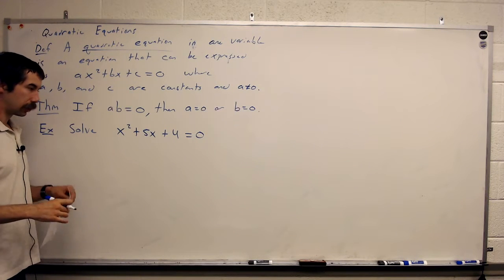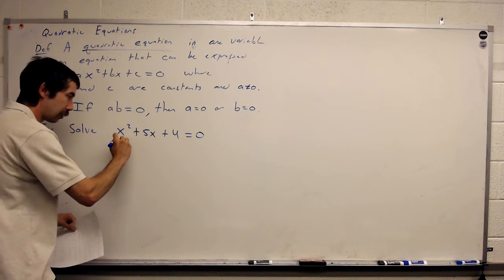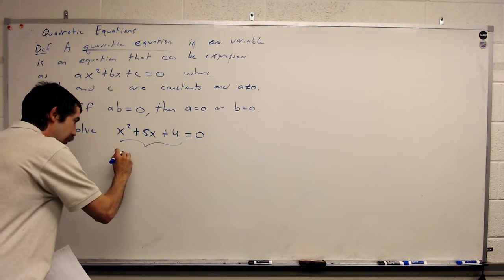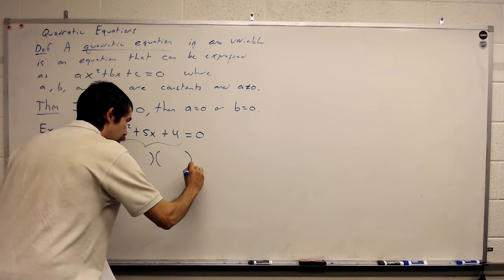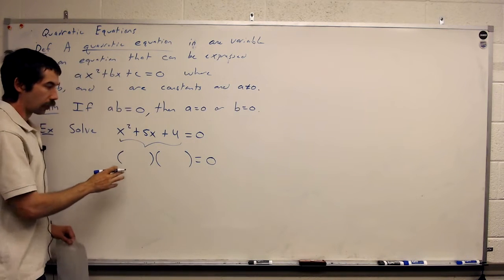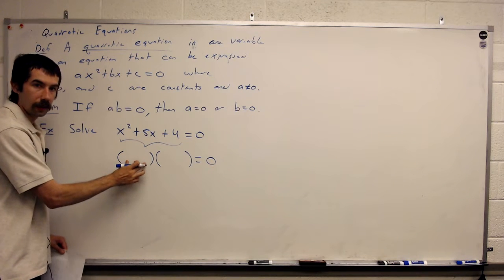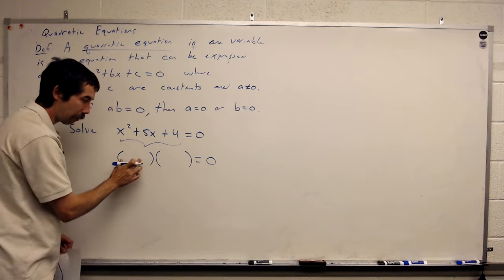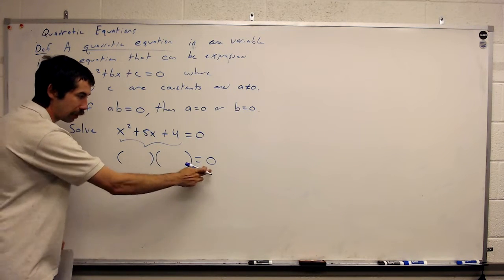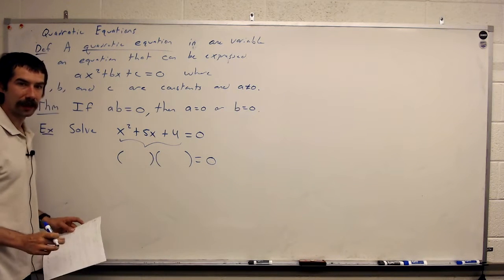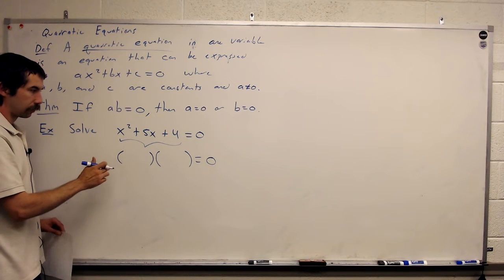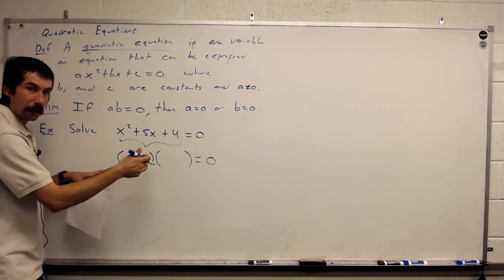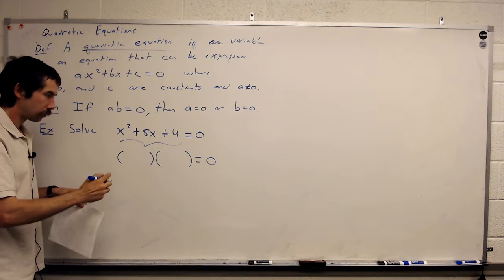Well, it turns out we can write this left-hand side of the equation as a product of two linear expressions. And then if we have this product equals 0, we know at least one of these has to be 0. All right, and so how do we do this? Well, we're going to basically try to undo FOIL.